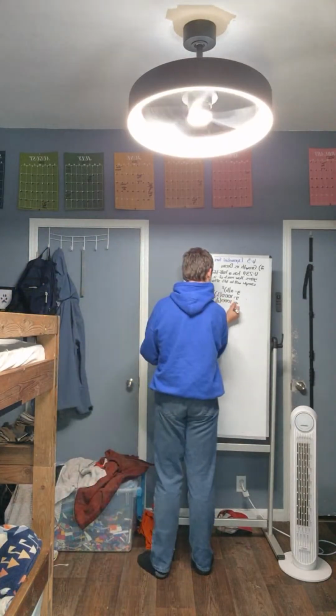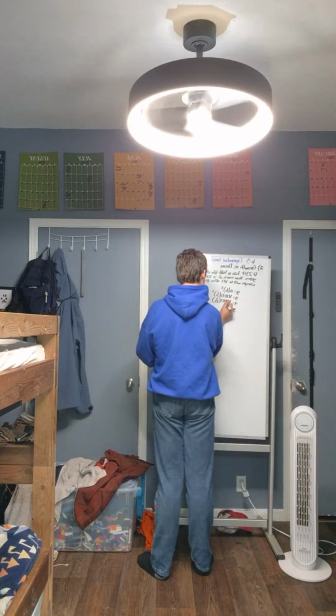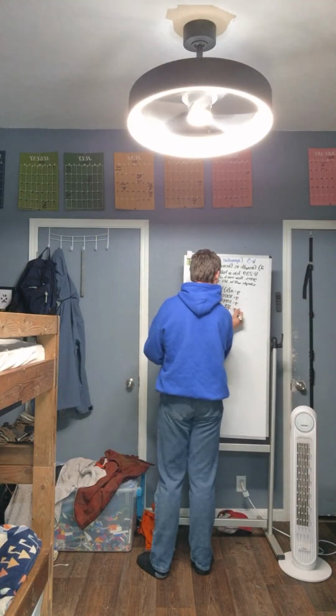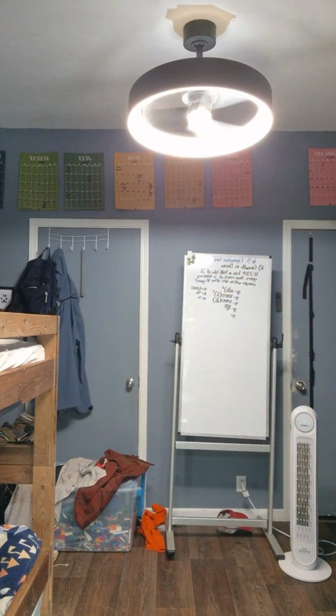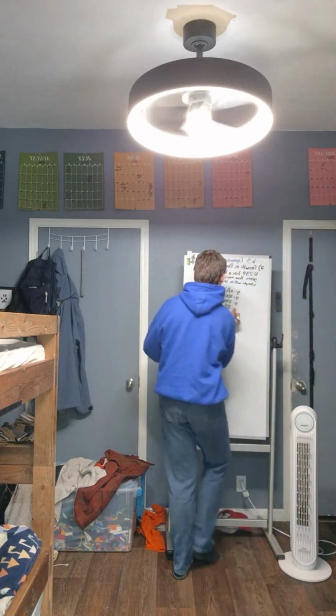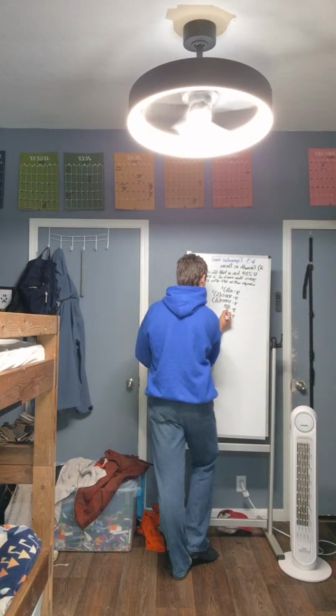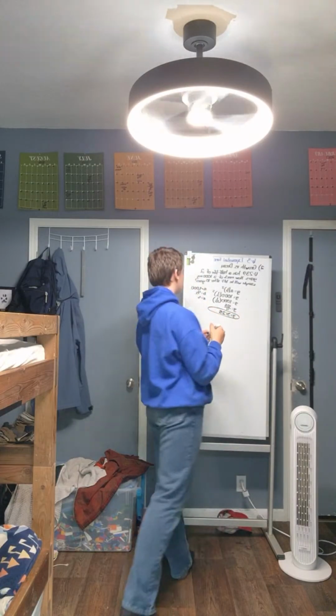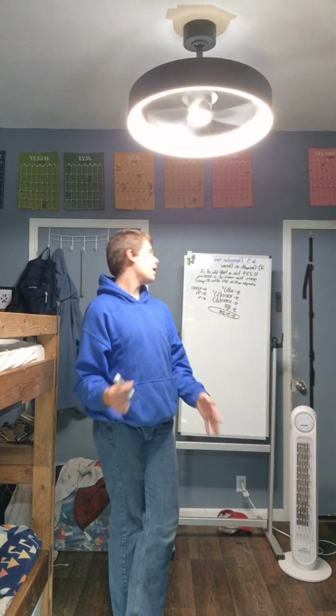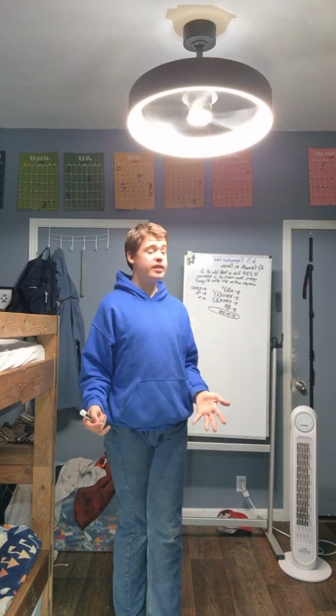Which means 125 divided by 4 is 31.25. This is how many milligrams are left of the 1,000 milligram sample, which is 1 gram.